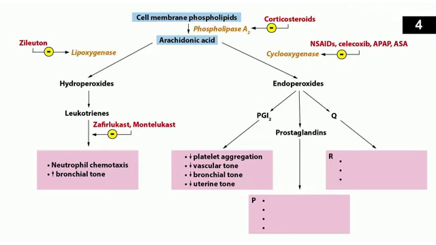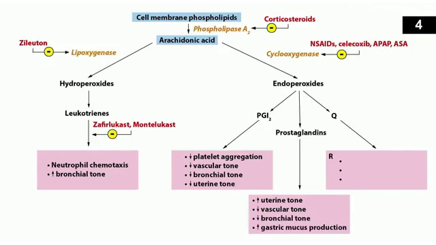Prostaglandins also decrease bronchial tone, generally speaking. It's a little more complicated than that, but don't get bogged down in the details. And prostaglandins also increase gastric mucus production. So prostaglandins will protect the gastric mucosa in part because of this increase in gastric mucus production. So again, box P is increased uterine tone, decreased vascular tone, decreased bronchial tone, and increased gastric mucus production.